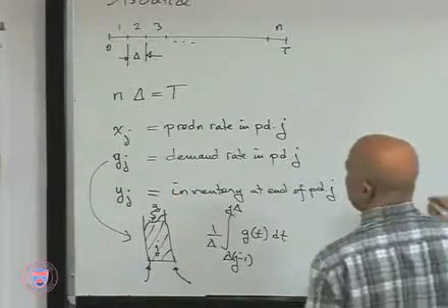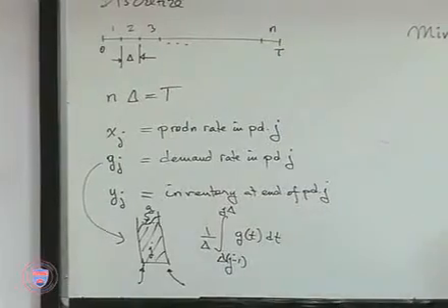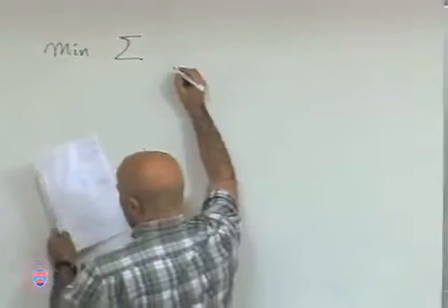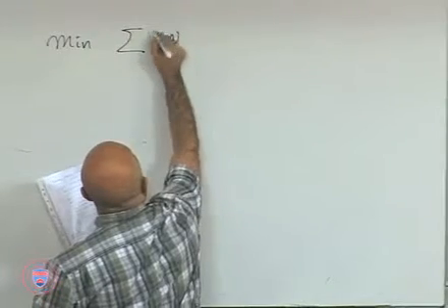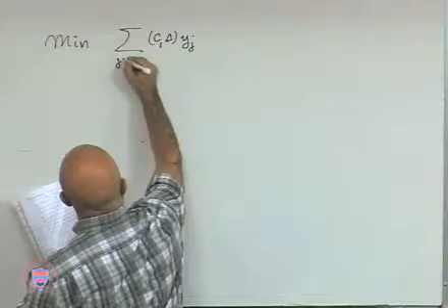Okay. So in that case, we want to minimize the total cost, which consists of two summations now. C1 delta times yj, that's the inventory cost.